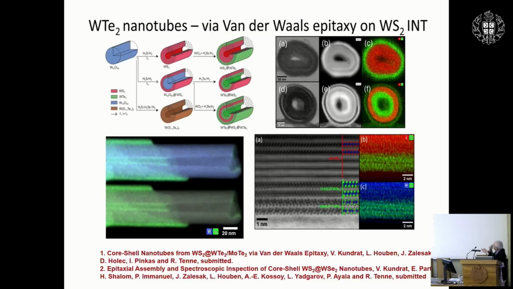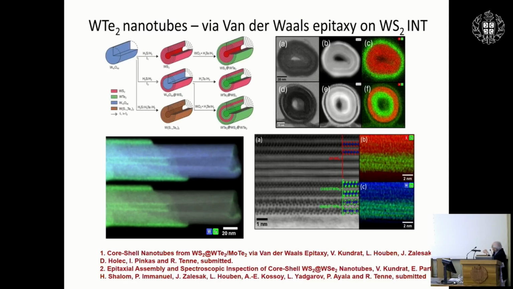And the beauty of this work is that it allows us to get tungsten ditelluride or tungsten diselenide, which are very important quantum materials, especially in the 1T form, which you see here. It's a complicated story, but this paper is submitted now, and there is a following paper on tungsten diselenide nanotubes, which are synthesized in a similar way.